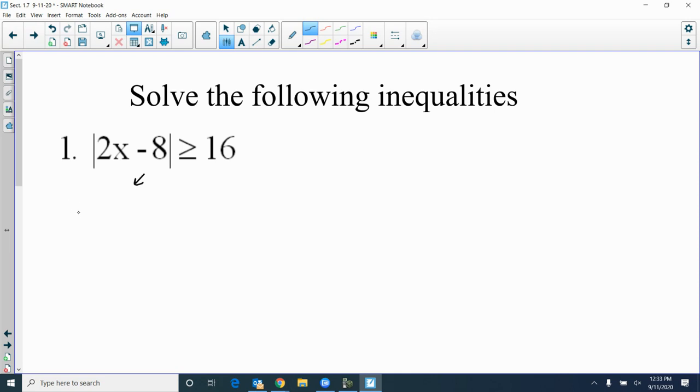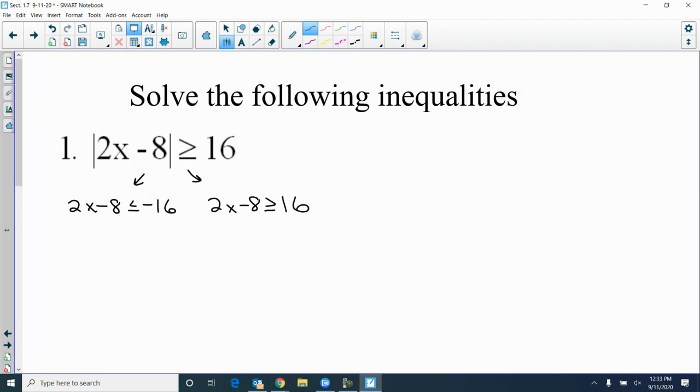We want to know where 2x minus 8, you have to flip the sign, is less than or equal to -16. And then 2x minus 8 is greater than or equal to 16. All right, solve those. You do flip the sign on one of them. When you negate it, you flip that sign.